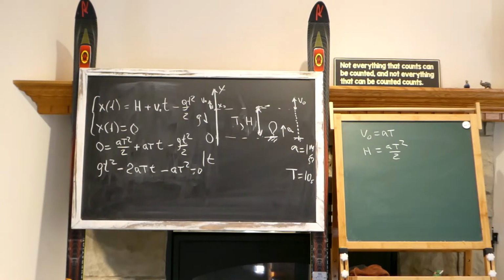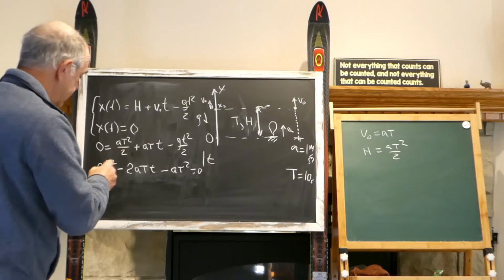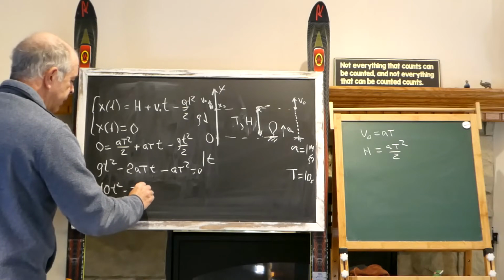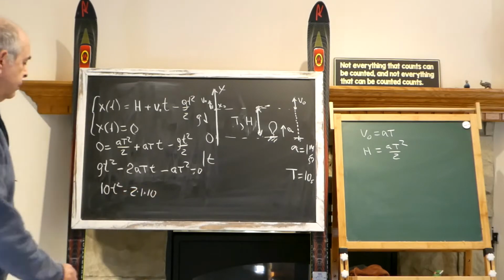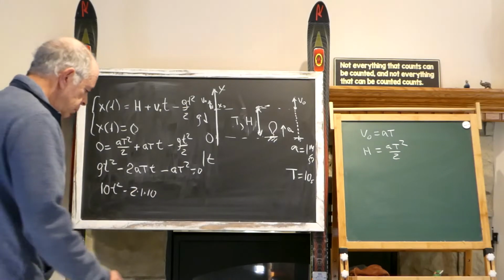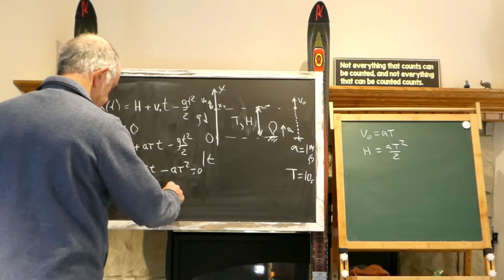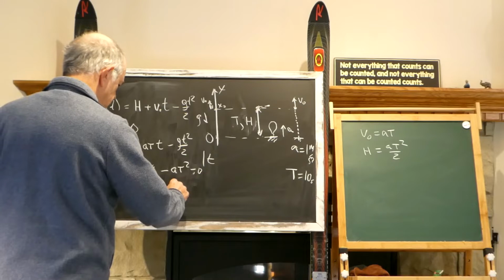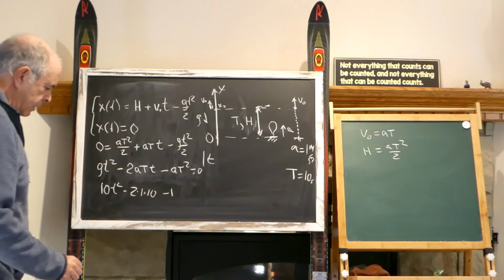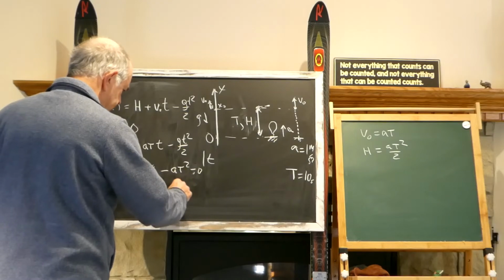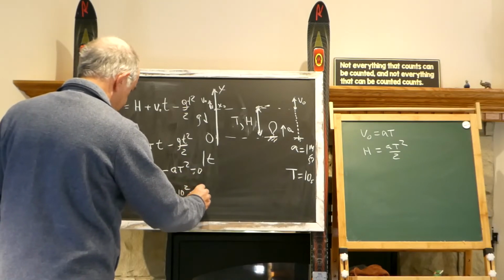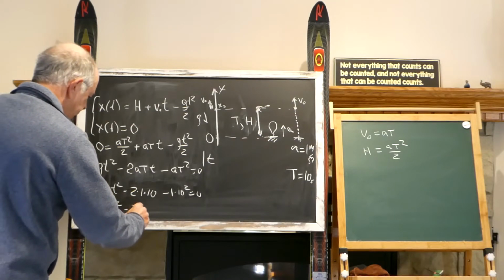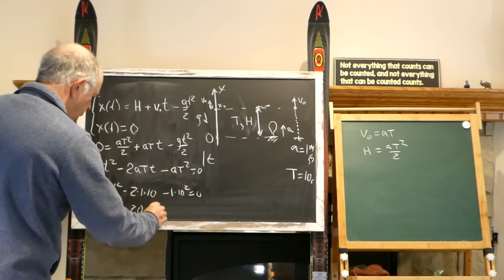And this is a good time to solve this quadratic equation by putting in the numbers. g is 10, t squared is unknown, minus 2 multiplied by 1 multiplied by 10, a is 1, and T is 10, so it would be 10 squared. So it would become 10 t squared minus 20 t minus 100.